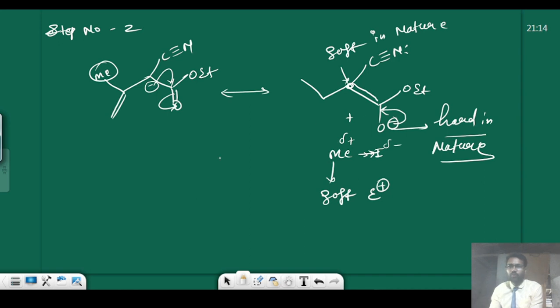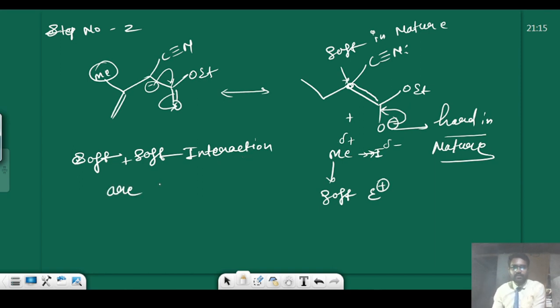So soft plus soft interactions are better in nature. Only soft reacts with soft, not hard with soft.